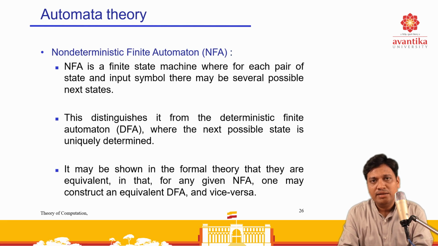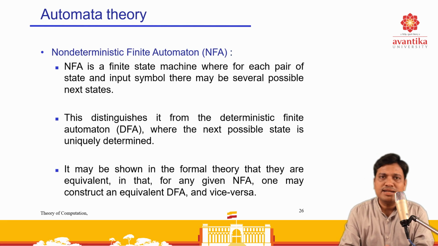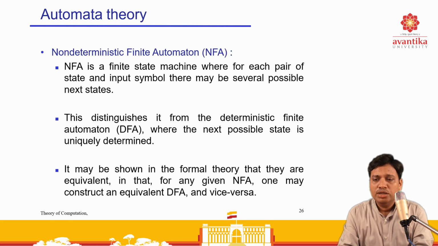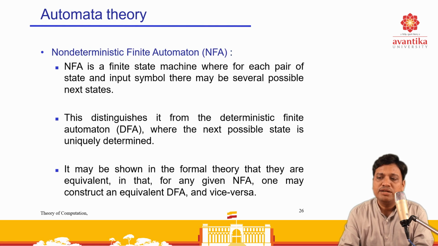This distinguishes it from the deterministic finite automaton where the next possible state is uniquely determined. It may be shown in formal theory that they are equivalent, in that for any given NFA, one may construct an equivalent DFA and vice versa.